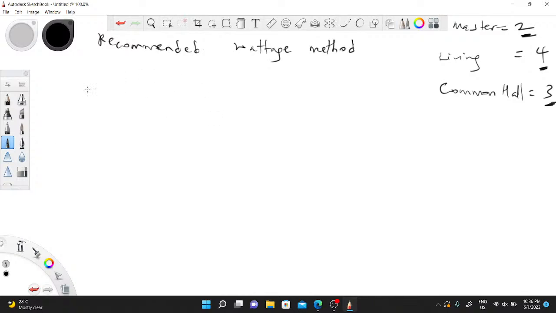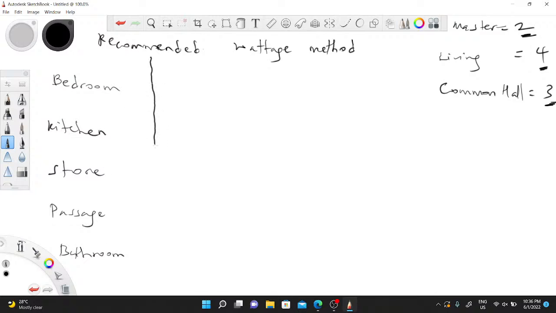So the remaining rooms we have are a bedroom, kitchen, store, passage, and bathroom. Here we are supposed to use the recommended wattage method.